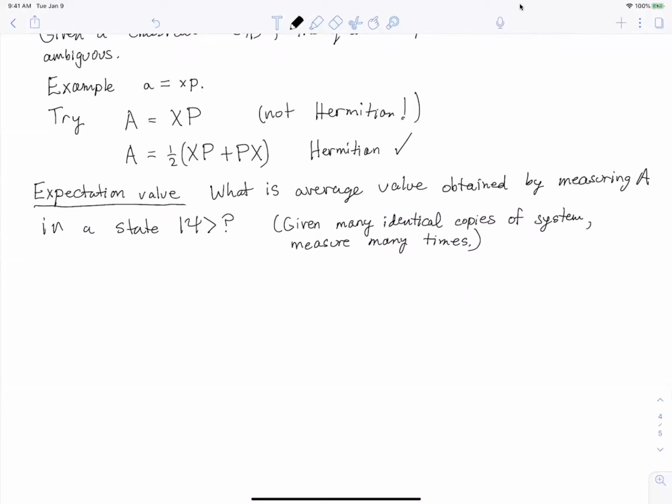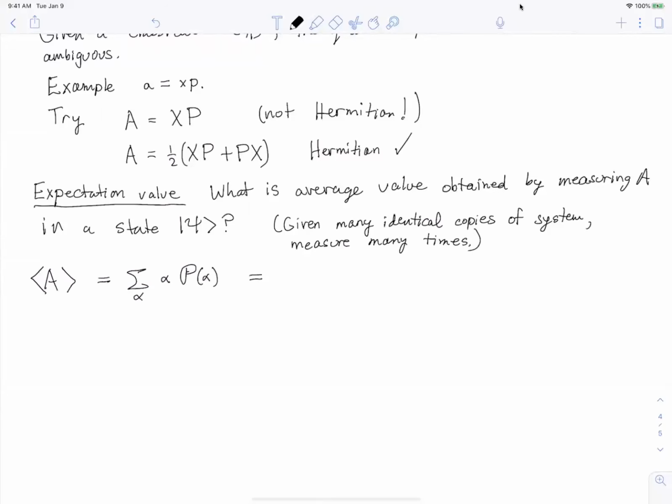And so let's compute this thing. First of all, we denote it as just A between angle brackets. It's the sum over all possible things you could measure as a result, alpha, of the thing you got, alpha, times the probability that you got it, curly P of alpha.